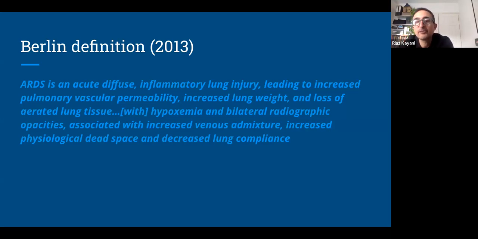The follow-on from that is that you get decreased lung compliance and increased dead space, and buzzwords that we talk about like that. But essentially, because the lung is so inflamed, it fills up with fluid, and the amount of lung tissue that's available for ventilation and oxygenation decreases. That makes sense.